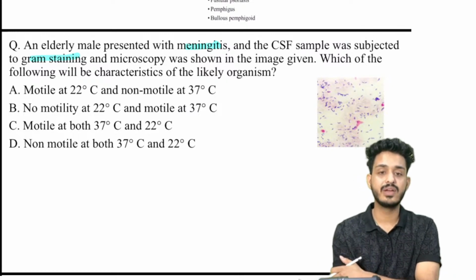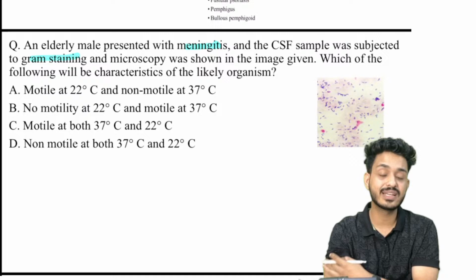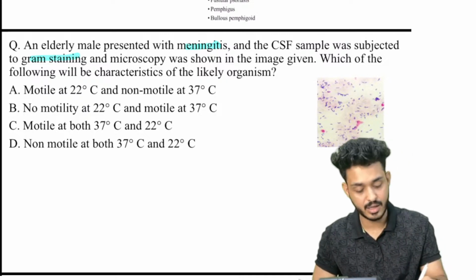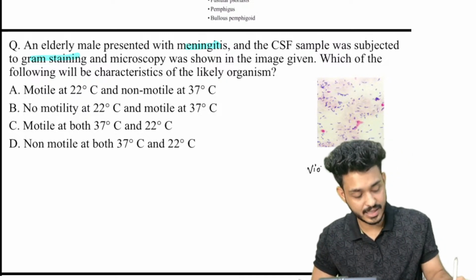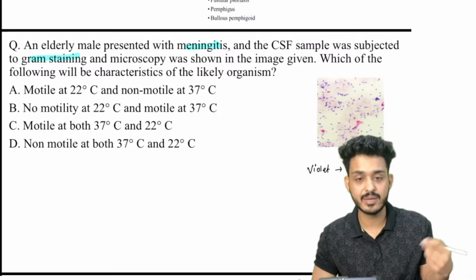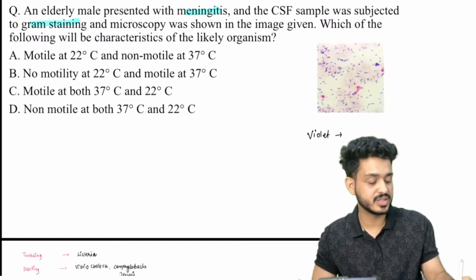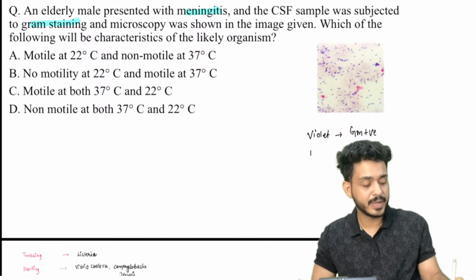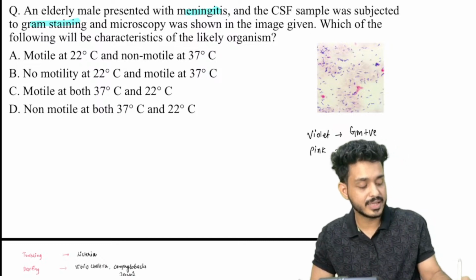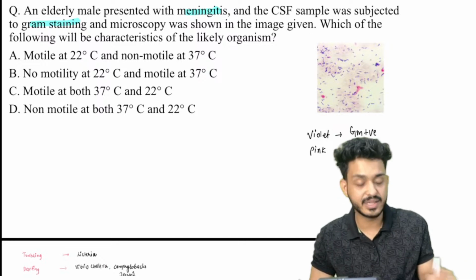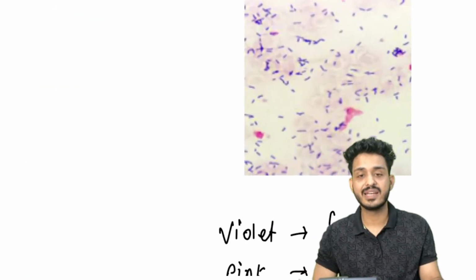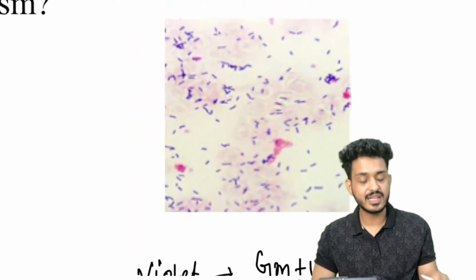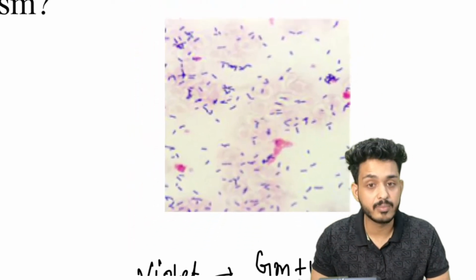First of all, when you look at the gram staining, try to identify the color. If it is a violet color, what can be the causative organism? Is it a gram positive bacteria or a gram negative bacteria? Violet will be gram positive, pink will be gram negative. So the first thing they have given is a violet color bacteria, so it is a gram positive bacteria.